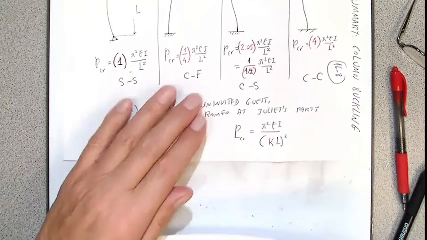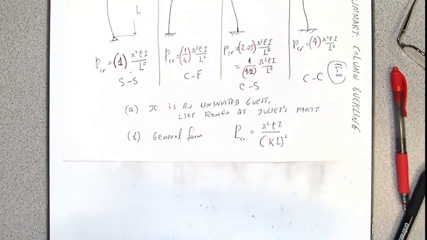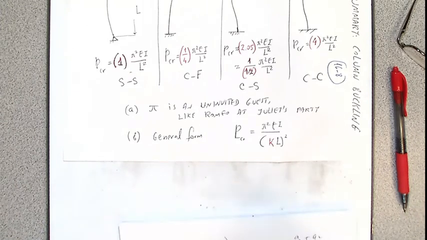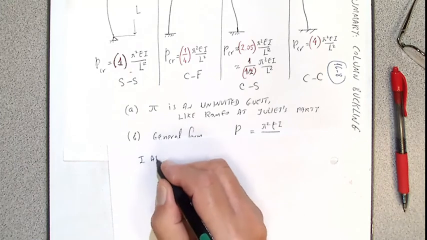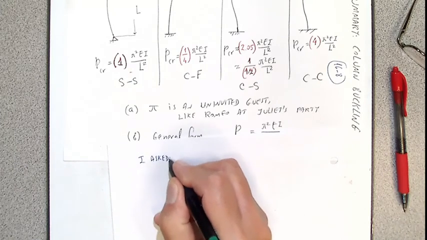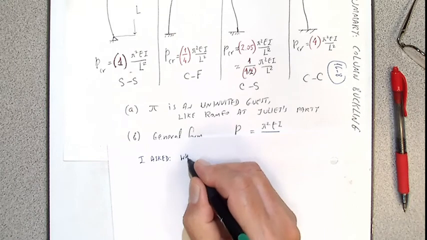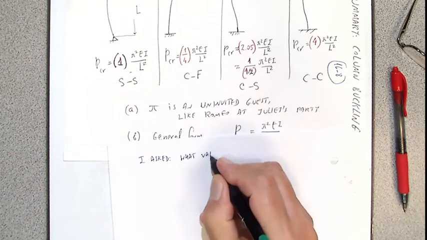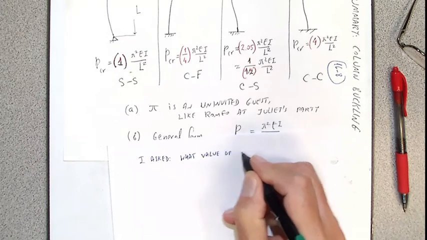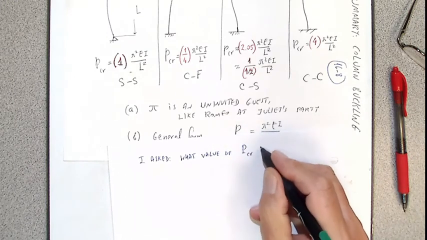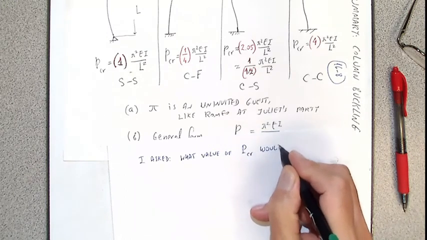Okay, 16.8. Maybe I will put it like this, 16.9. If you remember, I will start from the other side. I asked the question, what value of P critical would you anticipate?